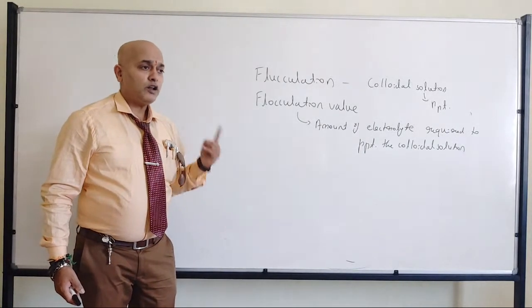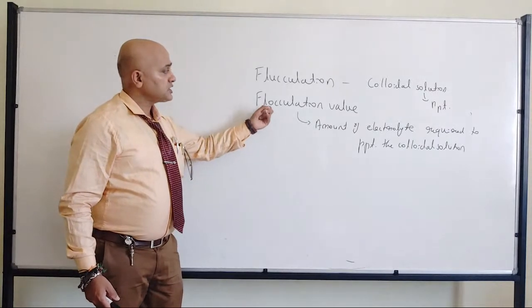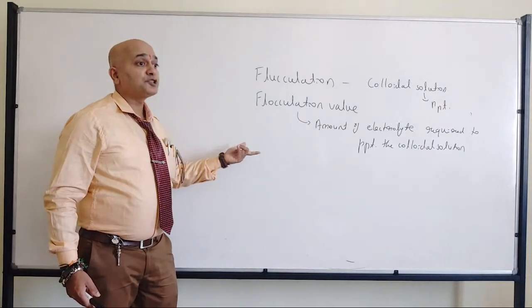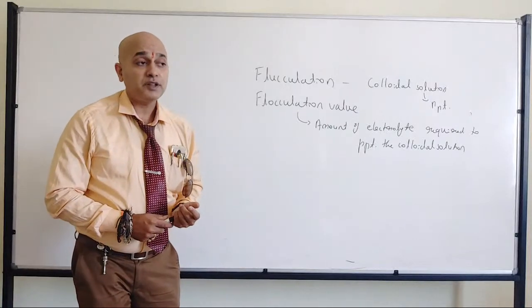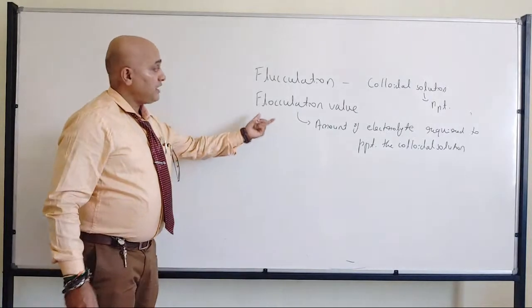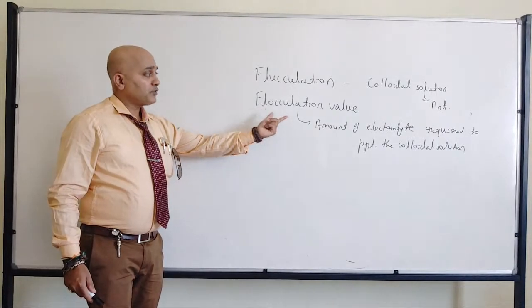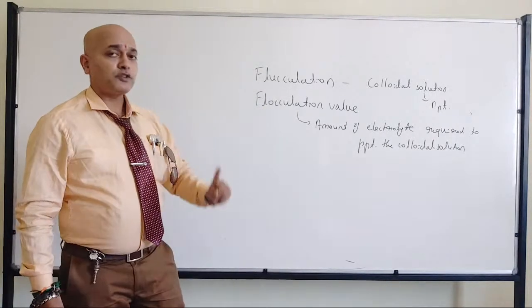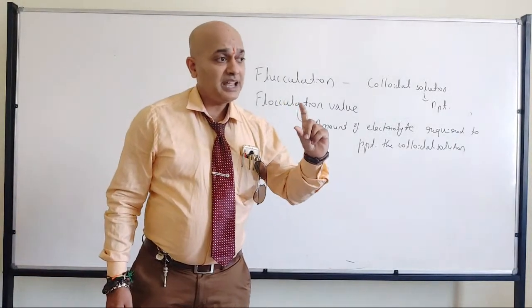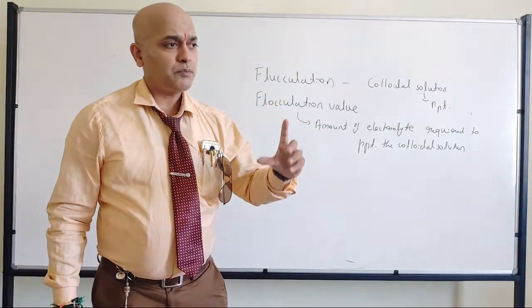Have all of you understood? If you have understood this, I will now explain the Hardy-Schulze rule. If you have any confusion here, let me know. Flocculation value is not a process. The name itself says it is a value, some quantity.